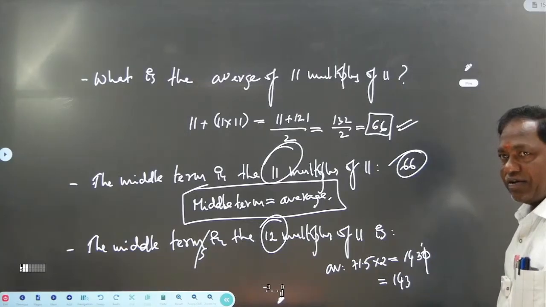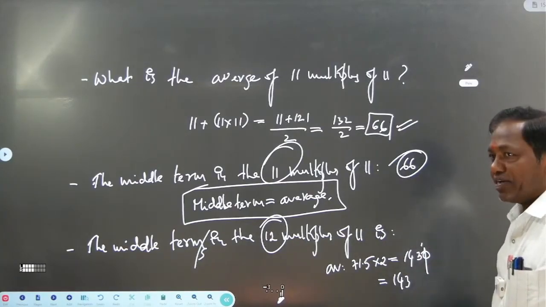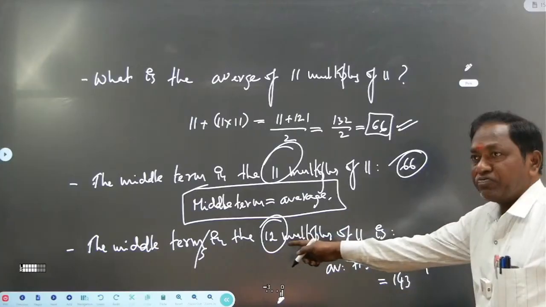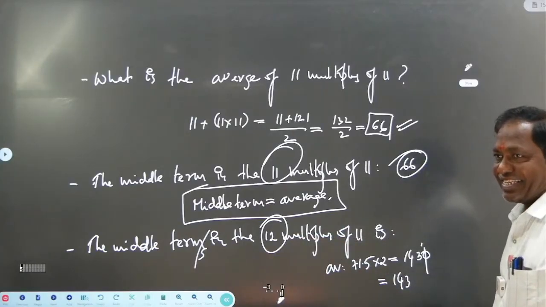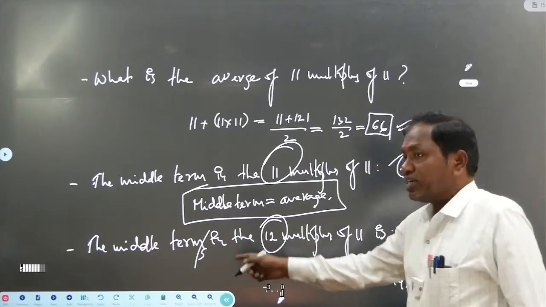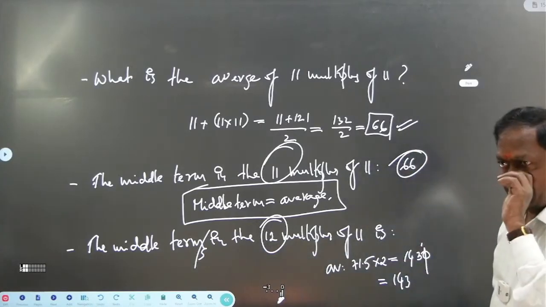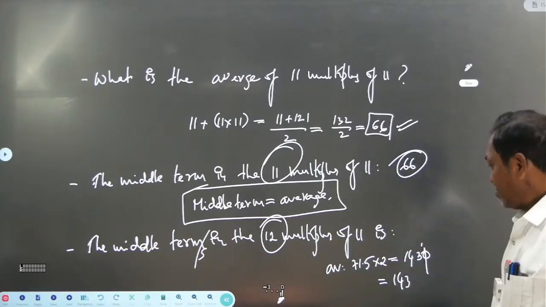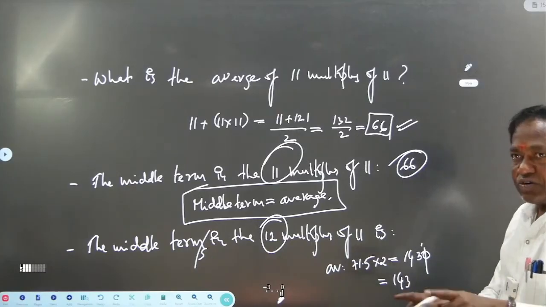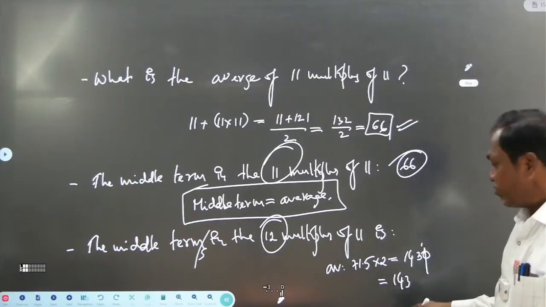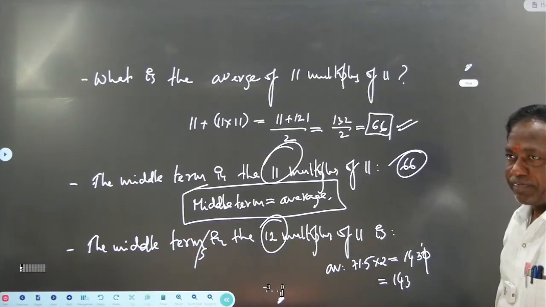You will have two middle terms. You cannot have one middle term because the number of observations is 12. Then there can't be a single middle term. What are those middle terms? 66 and 77. The sum of the two middle terms is equal to 143.